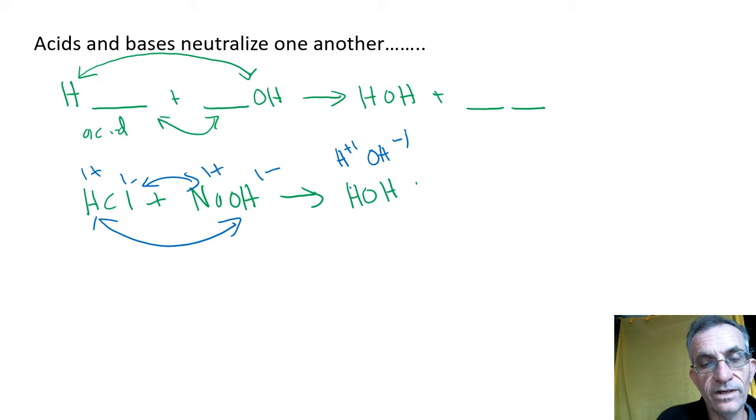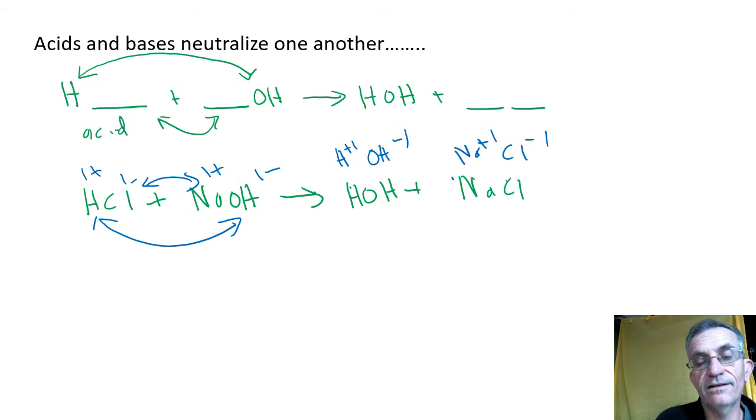Then the middle ones get together, but you have to reverse the order: sodium and chloride. Again, it's not bad because +1, -1 works out, so it's just NaCl. In this one, all the coefficients turn out to be 1.